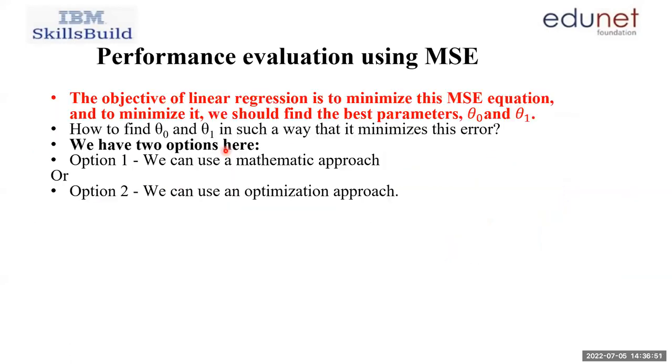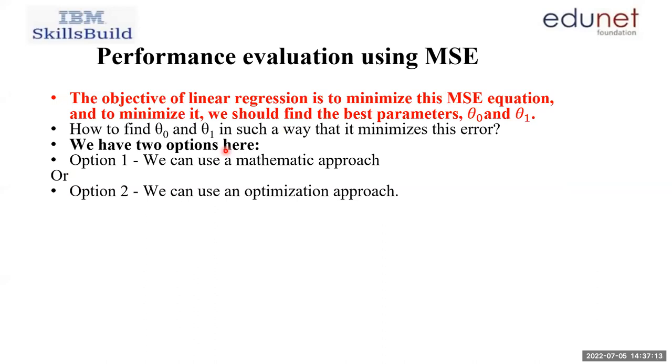Performance evaluation using MSE, that is mean squared error, is the famous performance evaluation metric that can be used for regression. The objective of linear regression is to minimize the MSE, and to minimize it, we should find the best parameters. How are we going to minimize the mean squared error?